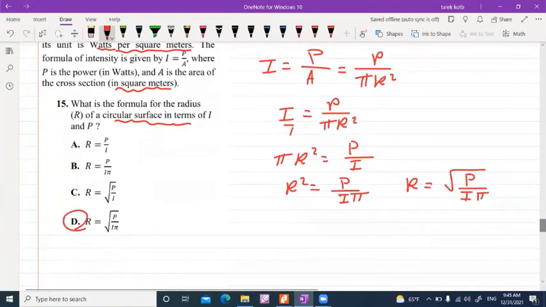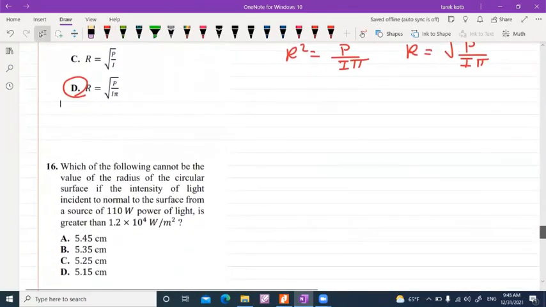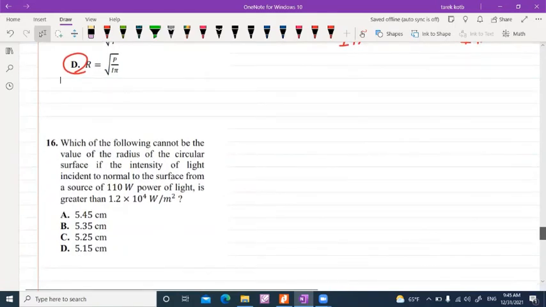Okay. 16, also in the same problem. Which of the following cannot be the value of the radius of the circular surface if the intensity of the light incident normal to the surface is greater than 1.2 times 10 power 4 watt per meter square, and the power is 110 watts?